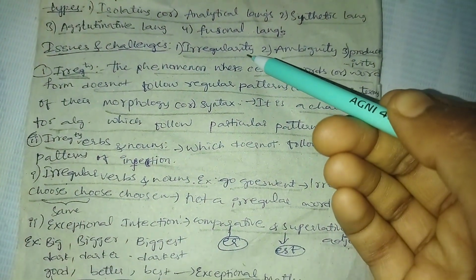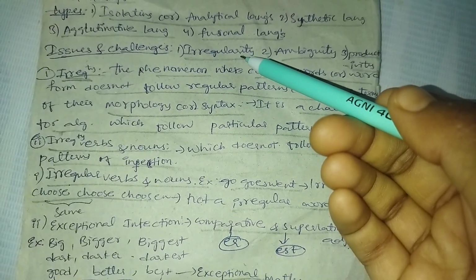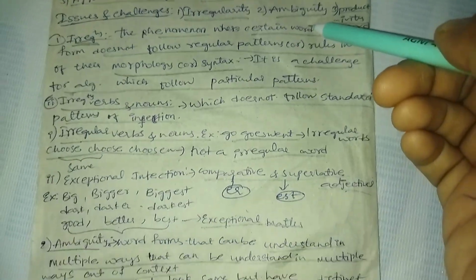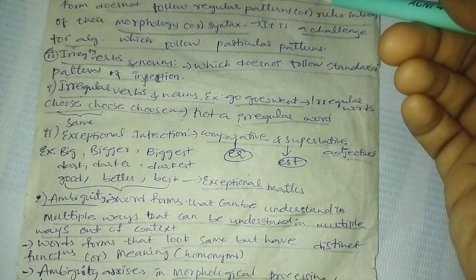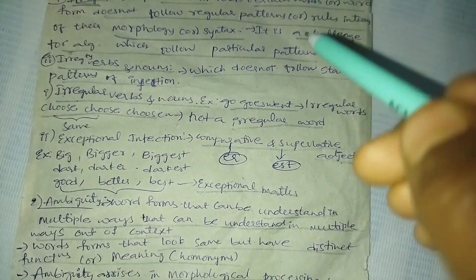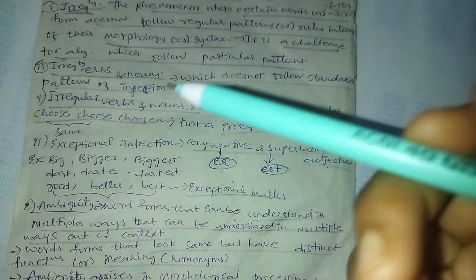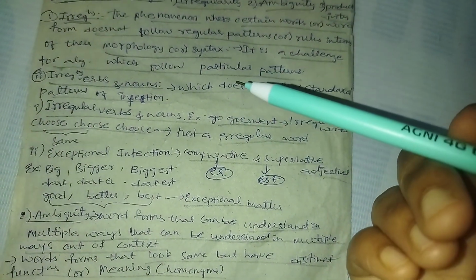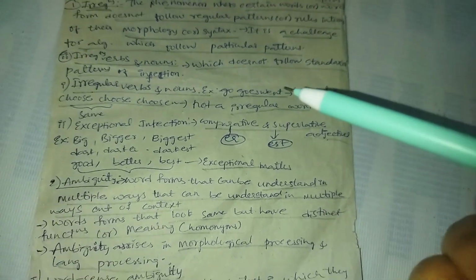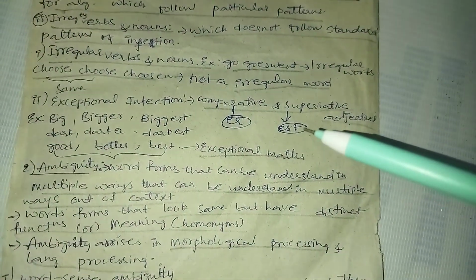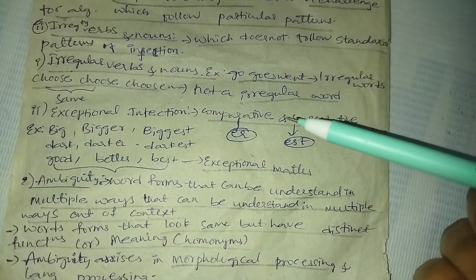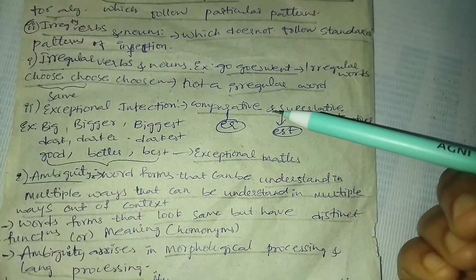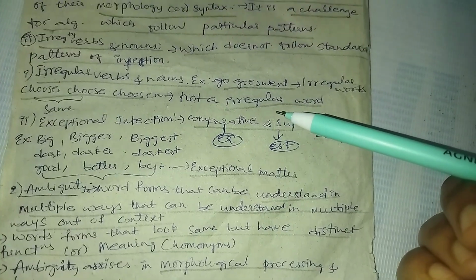This is the first concept of issues and challenges. Another is ambiguity. This is the confusion part. And another is productivity. This is the third type. We use the productivity concept for checking whether the language is finite or unlimited.